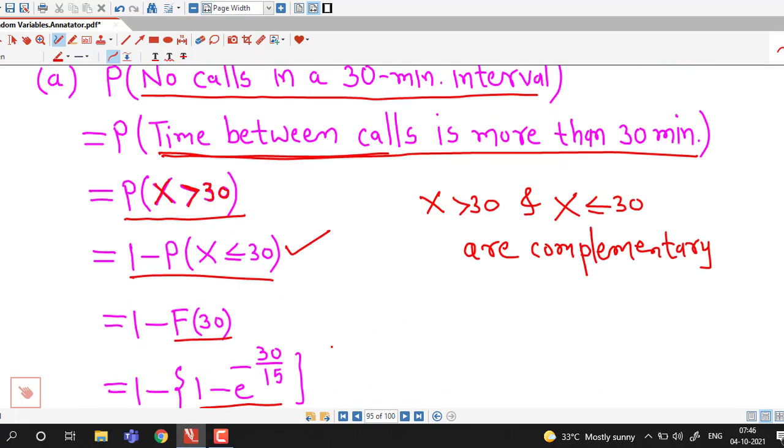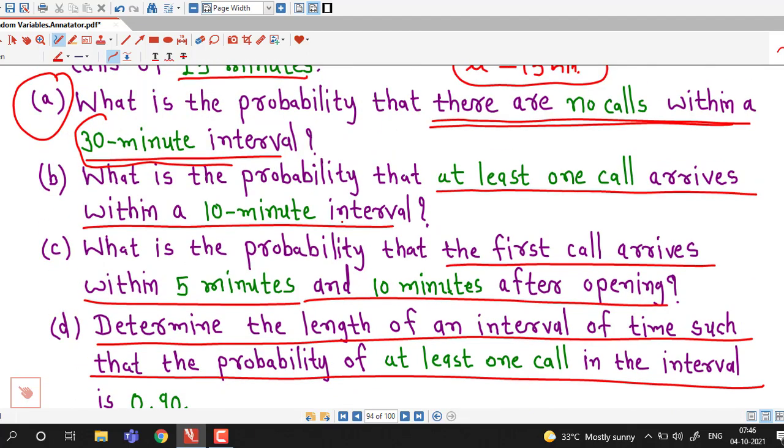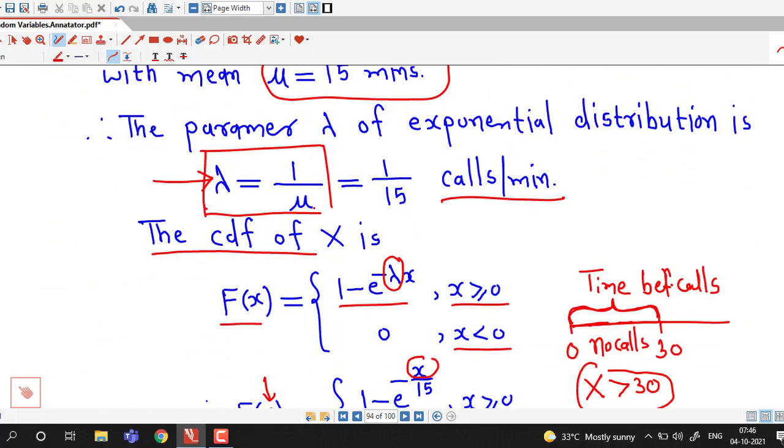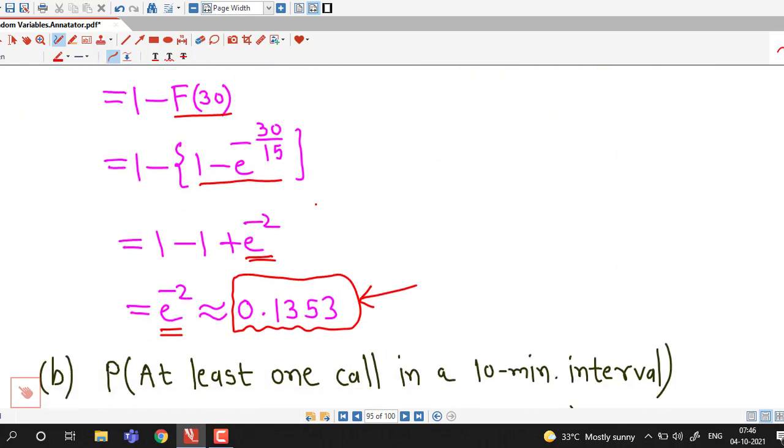Now we move towards part B. In part B, we are asked to find the probability that at least one call arrives within a 10-minute interval. So let's try to do part B. We have to find the probability of the event that at least one call arrives in a 10-minute interval.